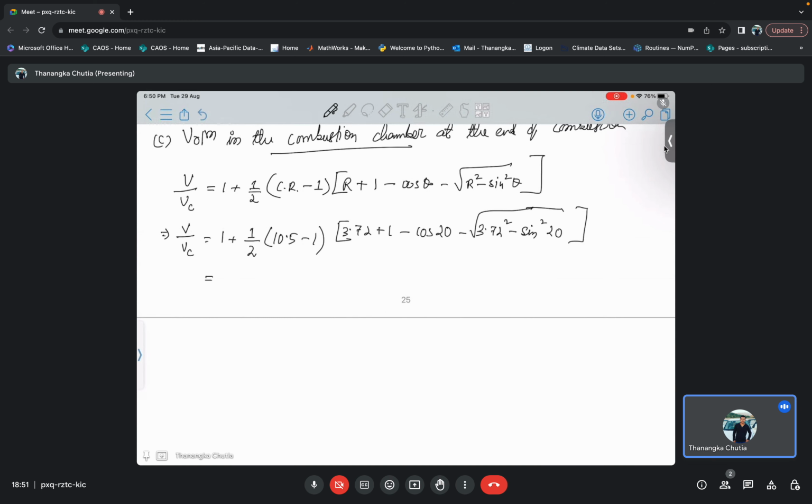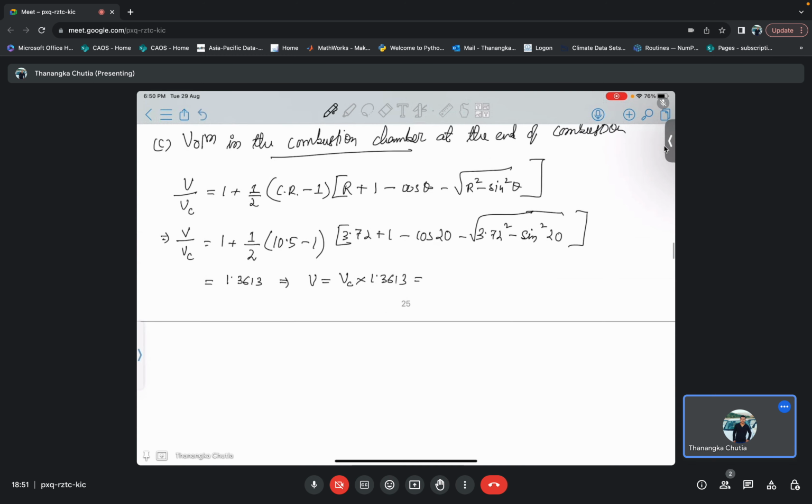So this is equal to 1.3613. V is equal to Vc into 1.3613, and what is Vc?